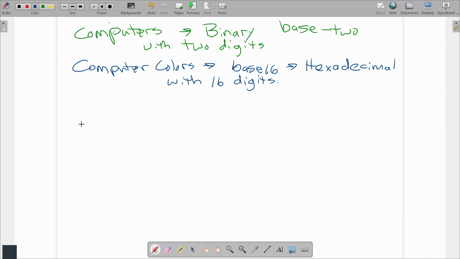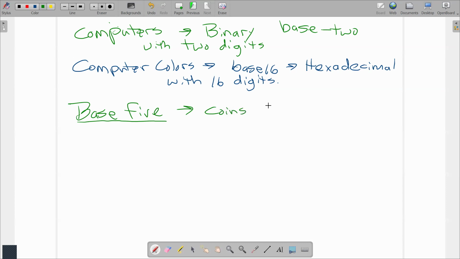So I want to pick something in between. Base 2 seems kind of easy because you just have zeros and ones, but it's a bit of work because the numerals get longer. We're going to play around with base 5. And a good model that I'm going to use with you for playing with base 5 is coins.